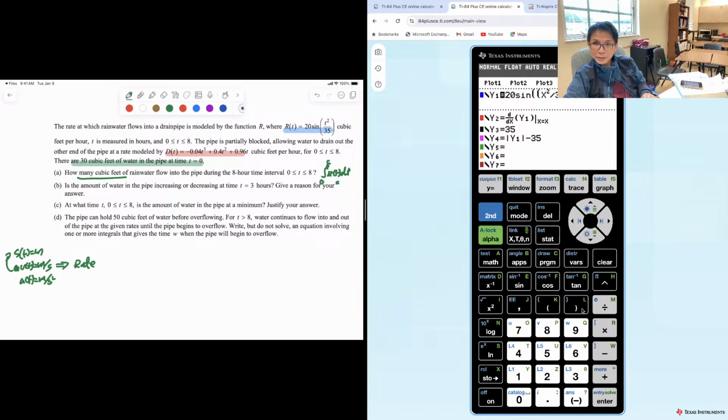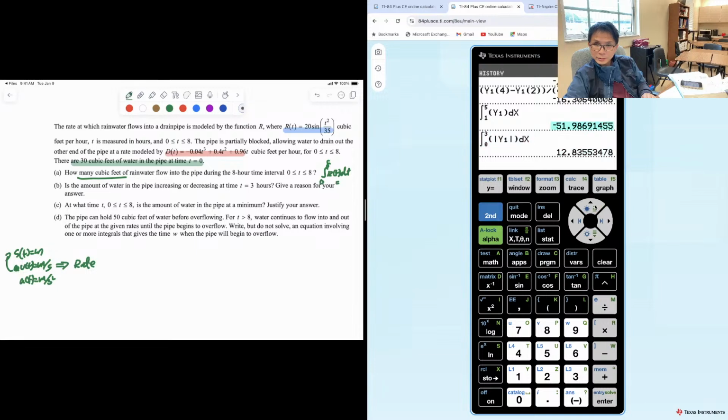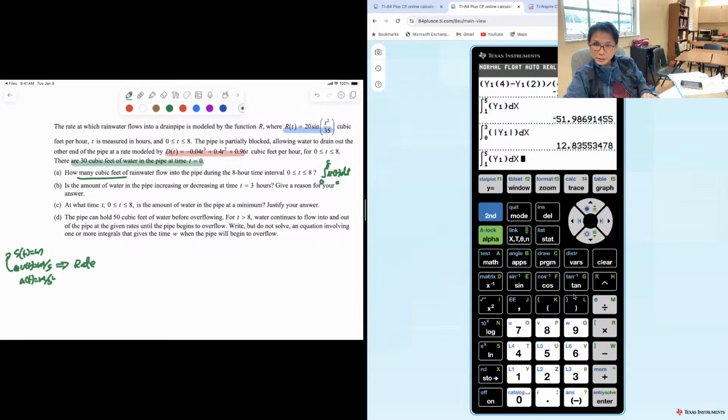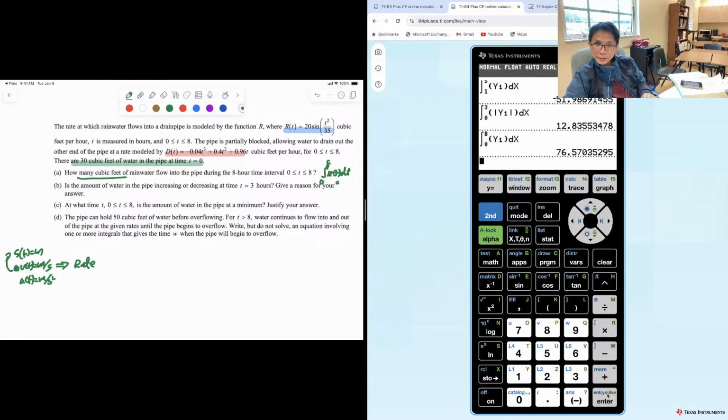So I am gonna go to integration between 0 to 8, right? So I'm gonna go back, change to 0 to 8. I'm lazy, I just don't want to type that. 0 to 8. 76, is that okay? 0.570 cubic feet. Write down the unit there, and that's it.